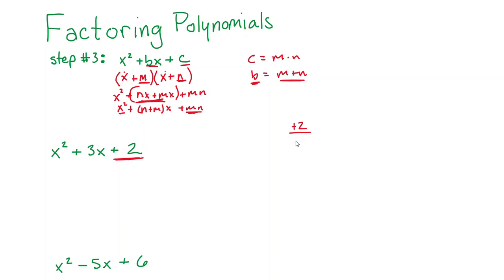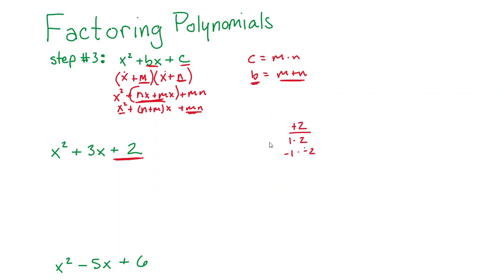Positive 2 is, and now I'm going to just write down all the factor pairs I can think of. Okay, so it's 1 times 2 is 2. And that's it. Oh, wait a second. We could say negative 1 times negative 2 is also 2. Okay, so that's all the factor pairs I can think of. Order doesn't matter, so I don't write 2 times 1.